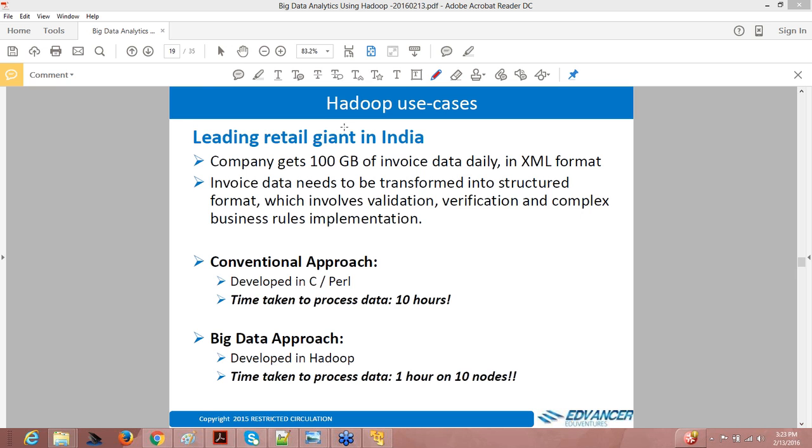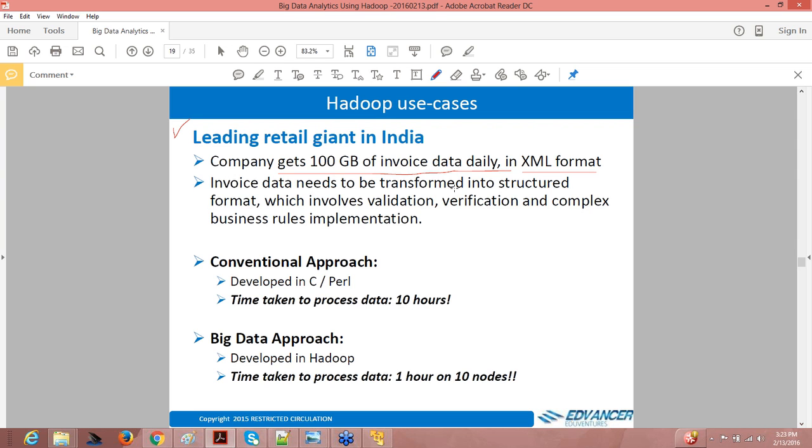Now, let me just quickly talk about some of the Hadoop use cases. This is in the retail space: one of the leading retail giants in India, and how they use Hadoop. They get 100 gigabytes of invoice data daily, and the data format is XML.